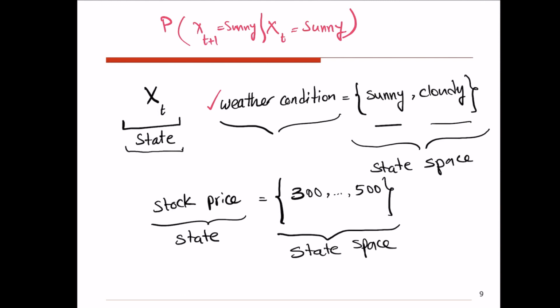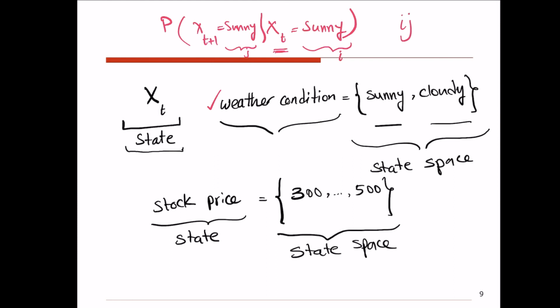So when the system at time t is at any state, let's say state i, and then at time t plus 1 it goes to any other state, let's say state j, we call this a transition. We say that the system has made a transition from state i to state j.